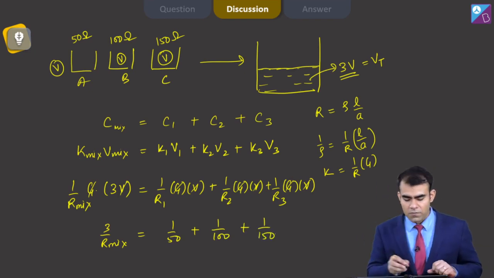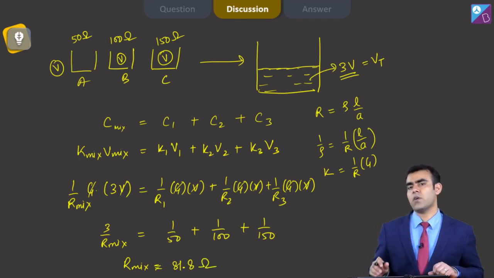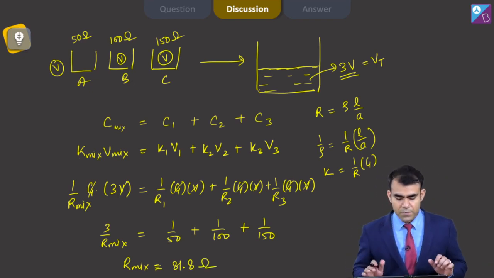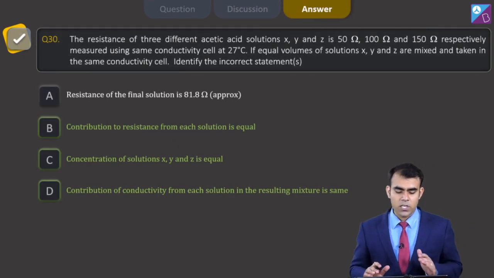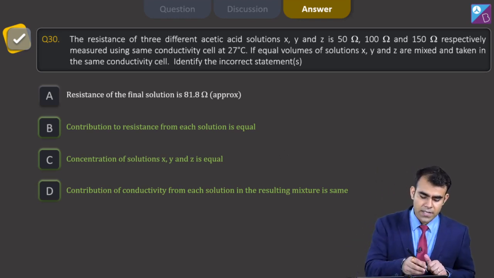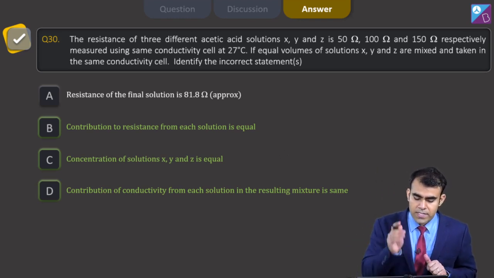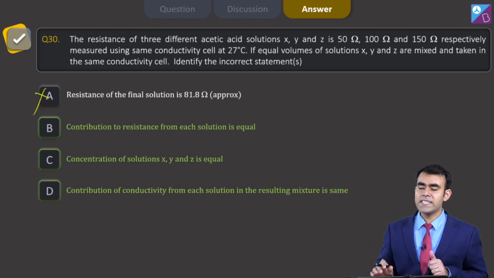And if we solve this, my resistance of the mixture comes out to be something around 81.8 ohm. Now the option says that the resistance of the final solution is 81.8 ohm approx. Yes, this statement is correct, but we are looking for the incorrect statement, so this will not be the answer.